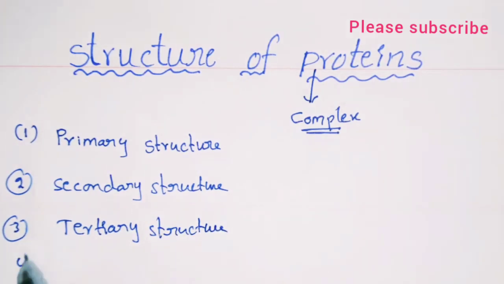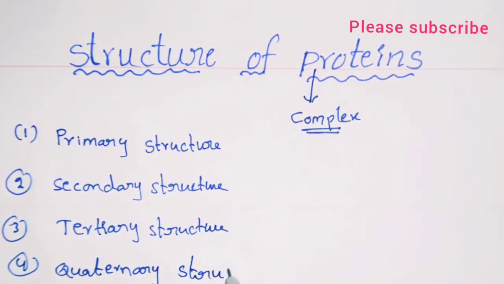Fourth one, quaternary structure. See, here 4 different levels are there. So when you are going from one level to another level, you will get a difficulty.